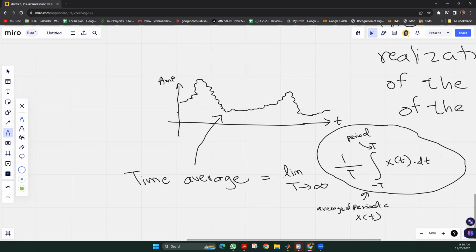No, it will be very random and the amplitude will be varying very randomly. And therefore, this is not a periodic signal. So if that is not periodic, then what would be the period of this signal? If you are going to consider a certain period, what is going to be the period of this signal?